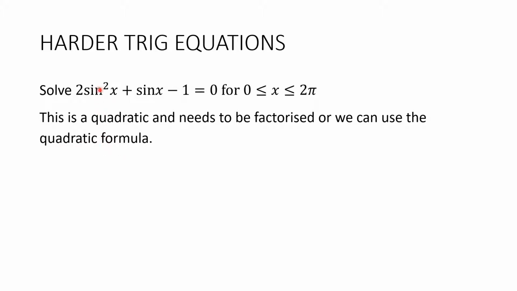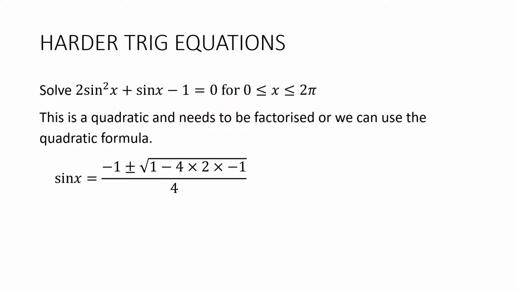So instead of x squared and x here, I'm going to make sine x the thing that I'm finding. I could do a substitution, let m equal sine x, but you actually don't have to. Instead of making m equal this, I'm making sine x equal this. Still going to use the same thing. This is b here, this is a, this is c.